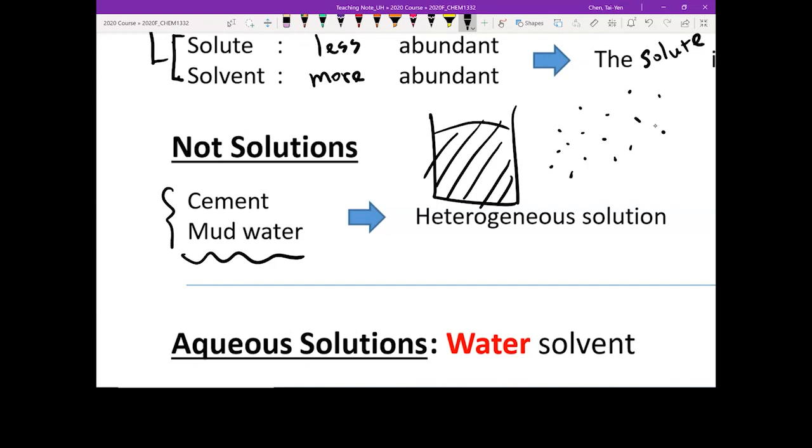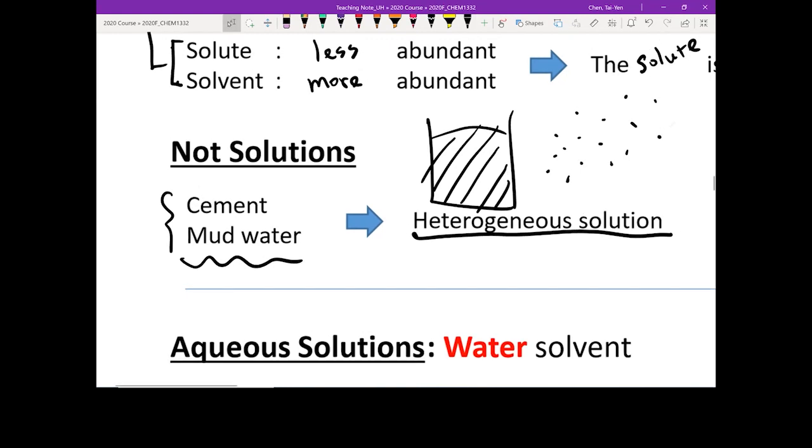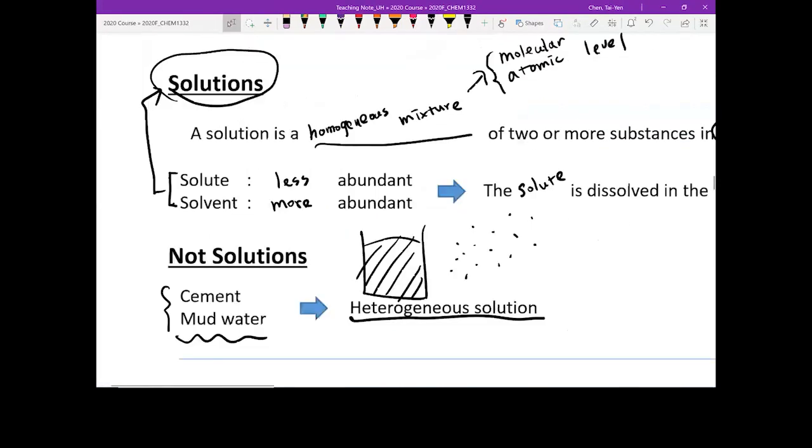So these little dots represent the sand or the little solid materials. They did not actually interact with your water at all. Therefore, they just suspend inside the solution. Under these situations, we call it a heterogeneous solution. Most of the things we talk about in this class are defined as homogeneous mixtures, not heterogeneous solutions.